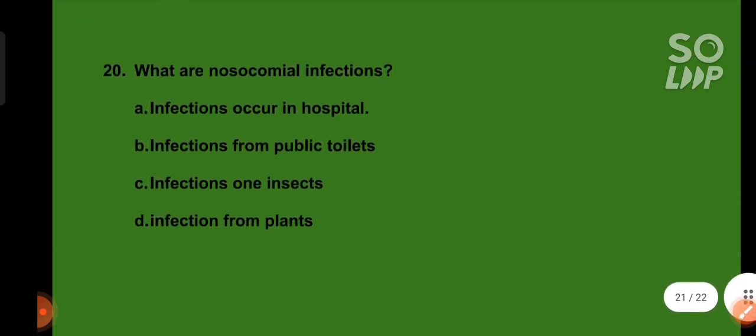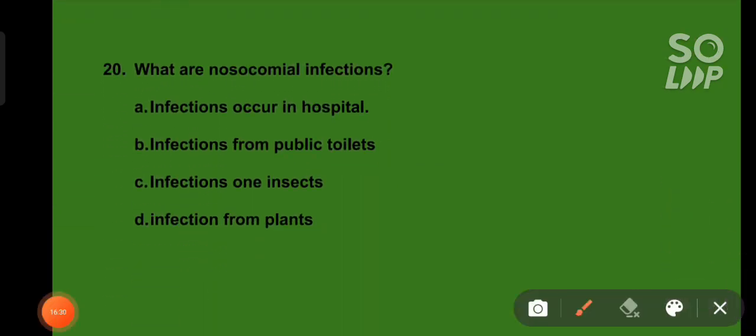The last question is, what is nosocomial infection? So what is the meaning of nosocomial infection? The options are option A, infections that occur in a hospital, option B, infections from public toilets, option C, infections from insects, option D, infections from plants.